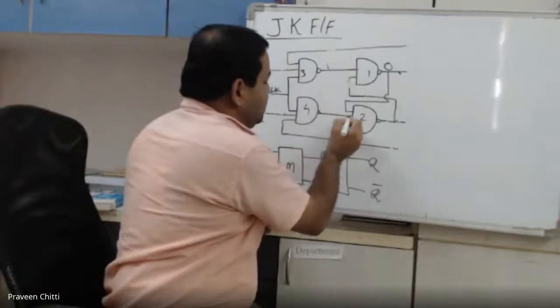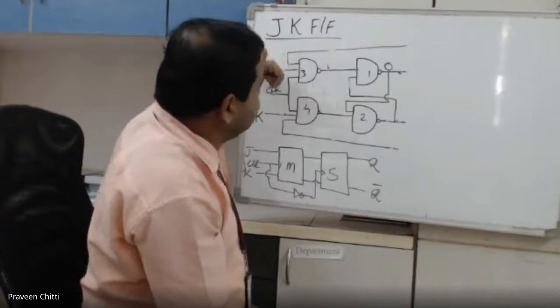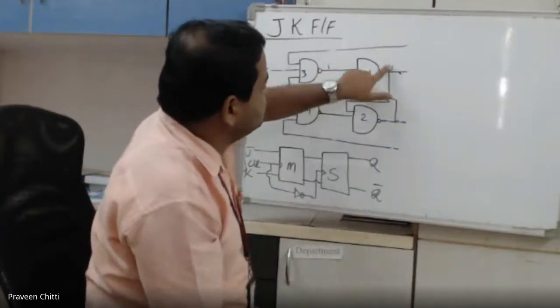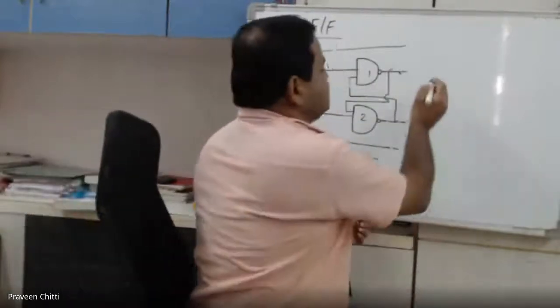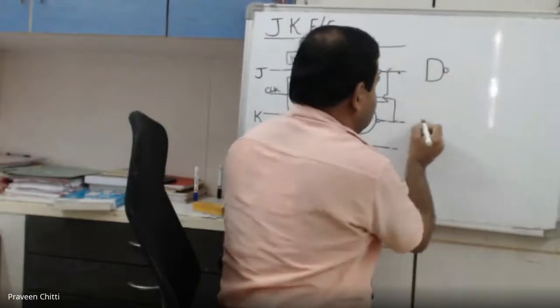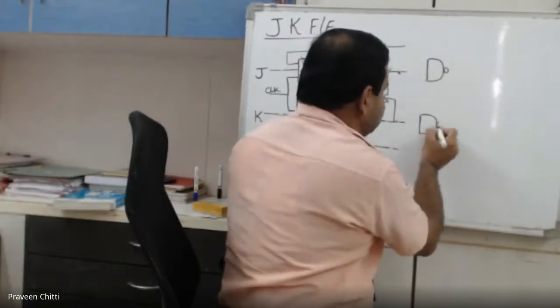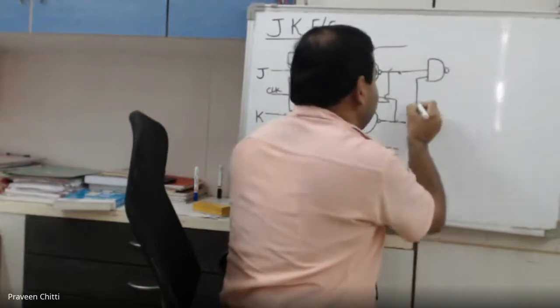For the time being, forget about the JK flip-flop; in the SR flip-flop, S and R are replaced by J and K. So this is the SR flip-flop you have drawn. Draw one more SR flip-flop here. You have to have another NAND gate, a second NAND gate. This will be given here, this is given here. Then we can have a clock; we'll see what to give there.